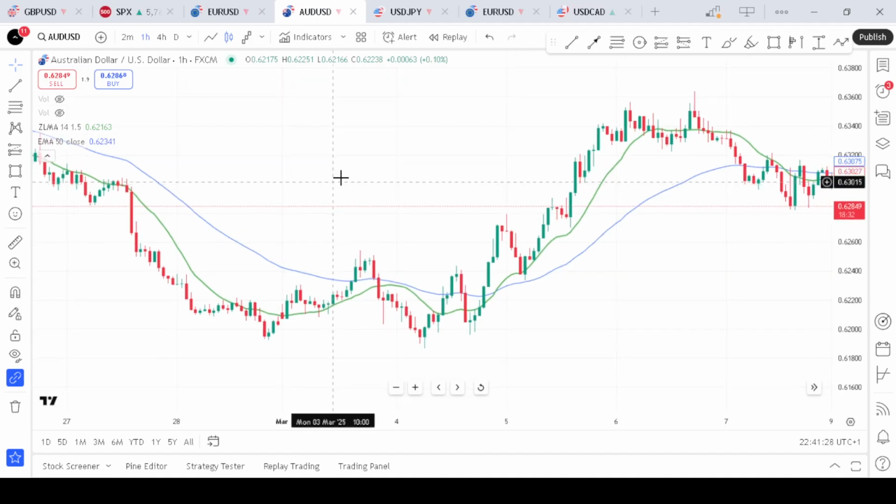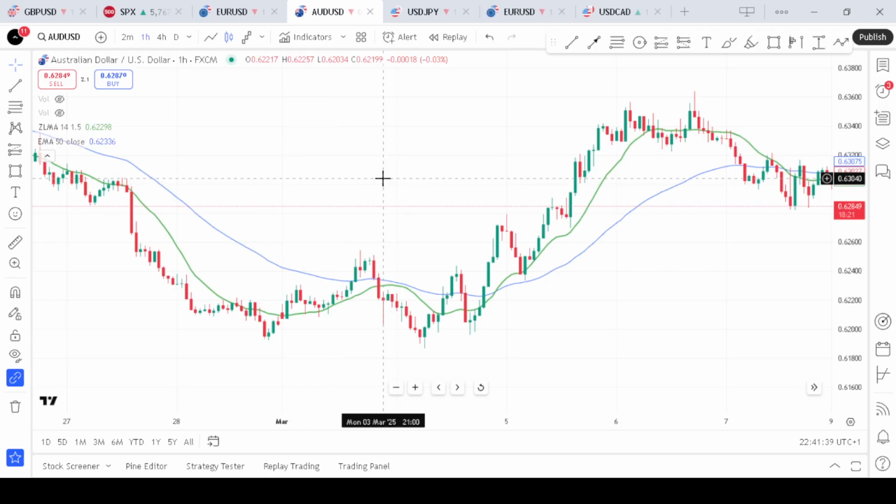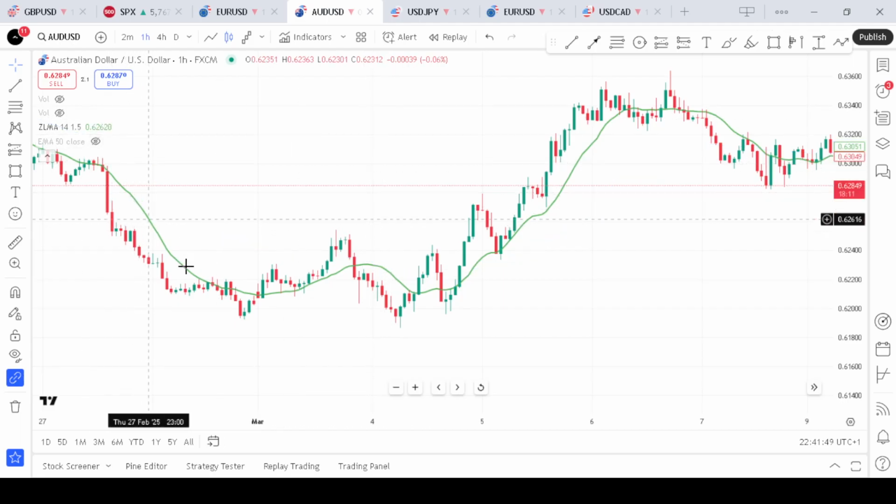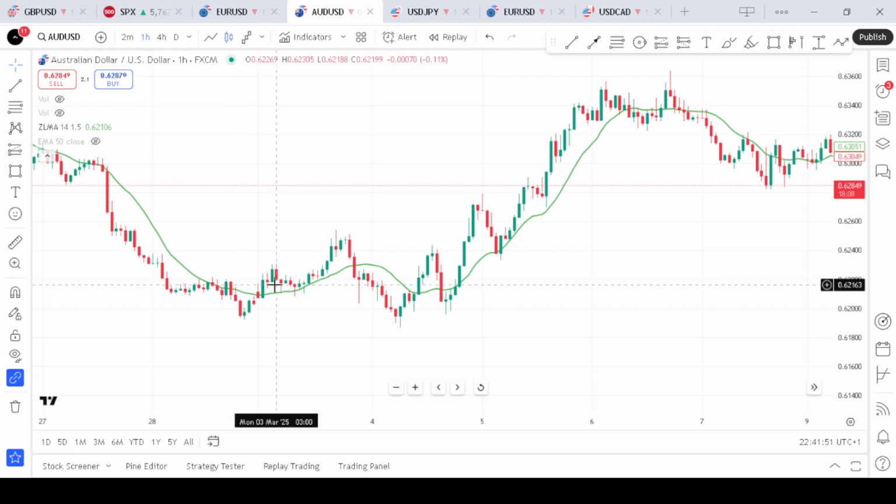trading results. We start by understanding what this zero lag moving average is. It is a technical indicator designed to minimize the lag associated with the traditional moving average. Now, unlike your standard moving average that relies heavily on past price data, this particular indicator applies a unique calculation that focuses more on recent price movements.